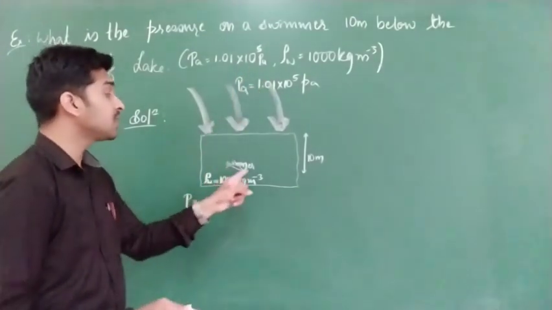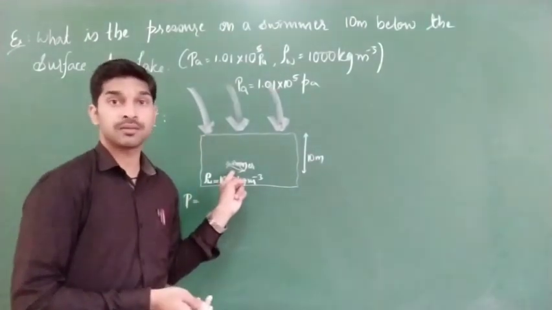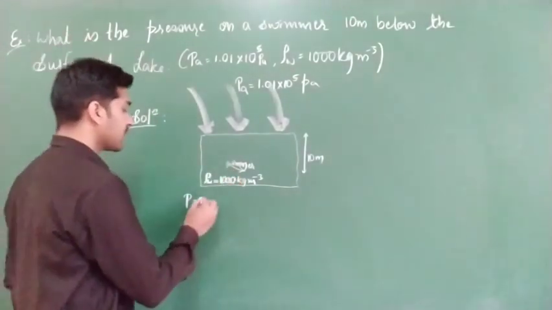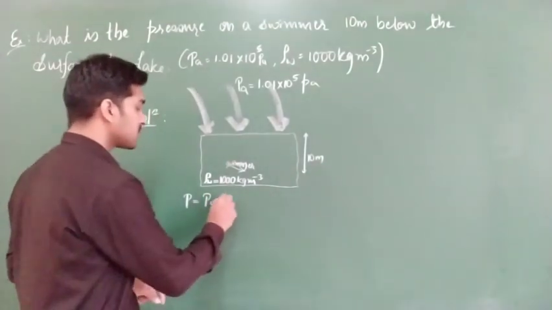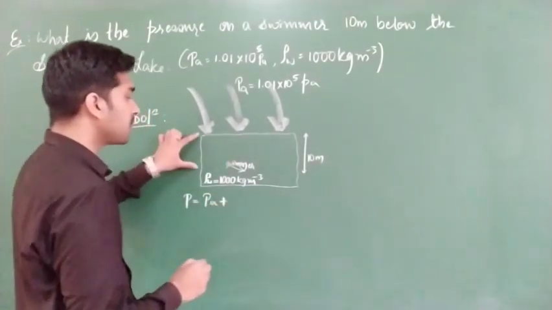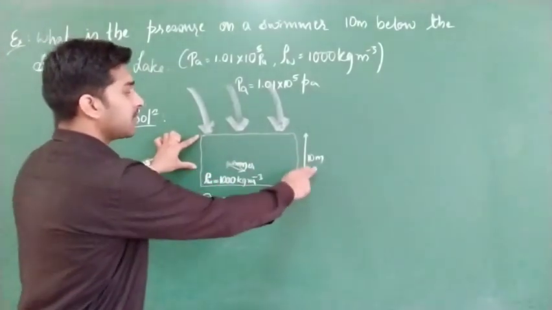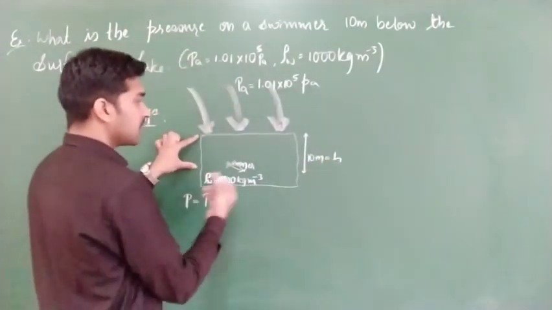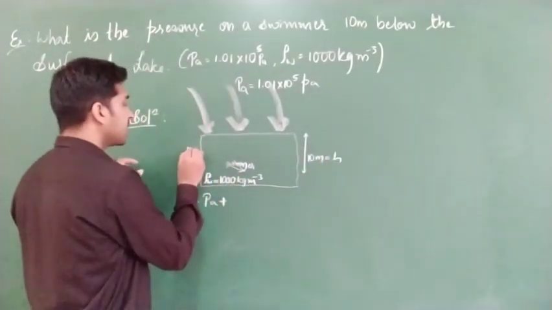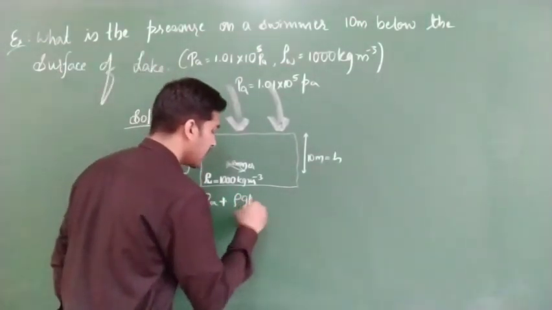A swimmer doesn't swim in such a place where the atmosphere is absent. So P is equal to PA, atmospheric pressure, plus pressure due to this complete depth, 10 meter below. This is nothing but h, density, and acceleration due to gravity acting in the downward direction. So PA plus rho g h.